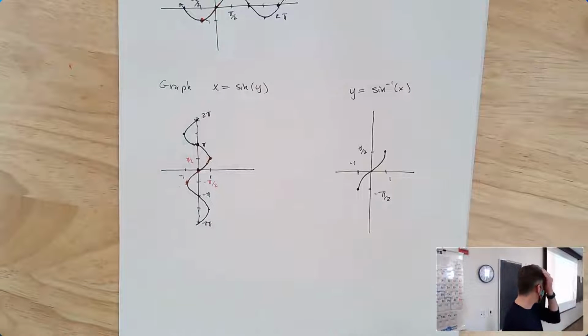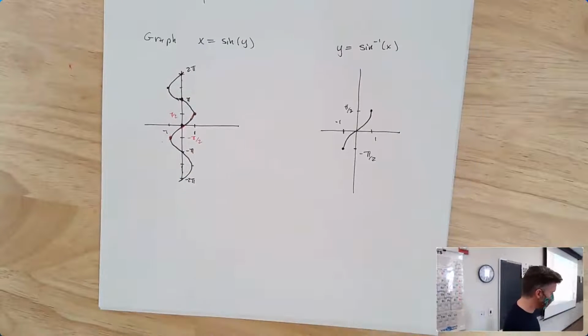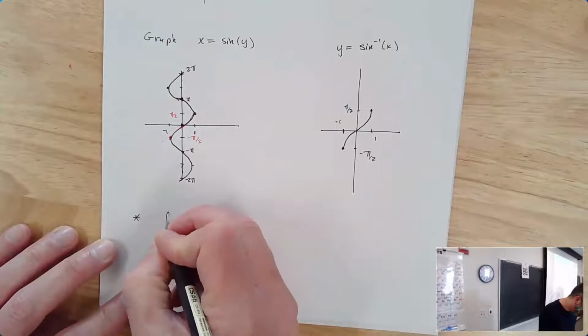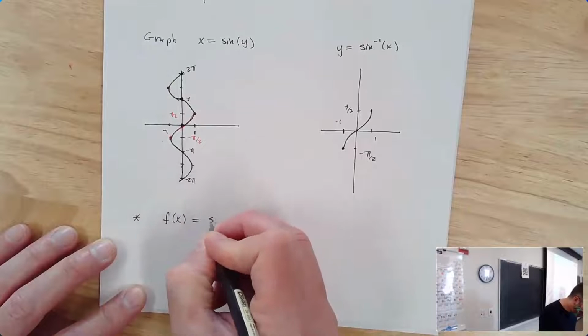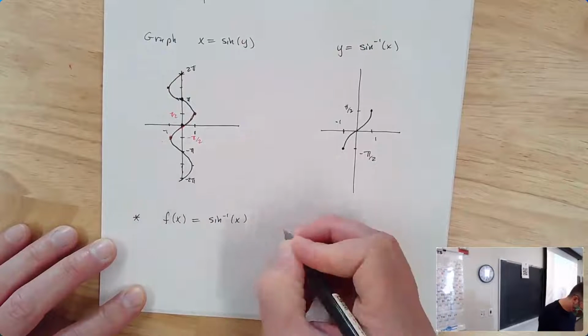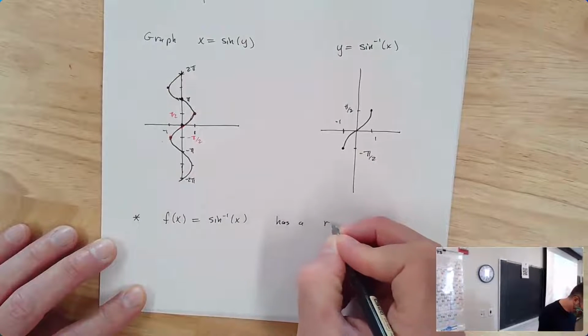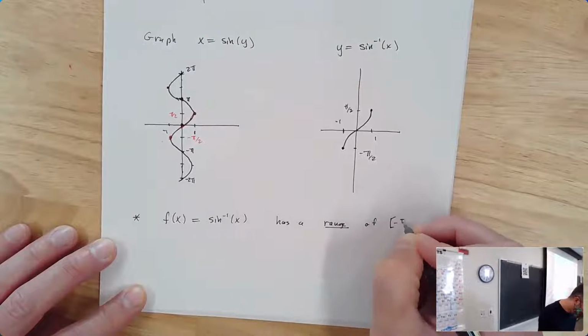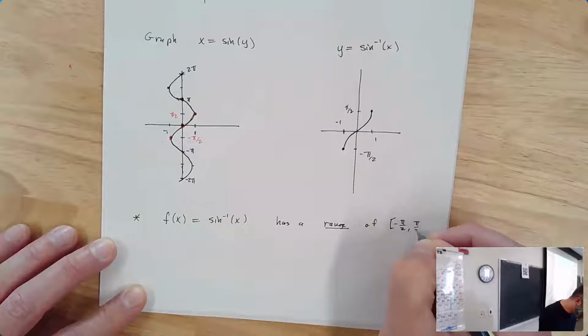And importantly, we don't so much care about the graph. What we do care about is the following. The function inverse sine of x has a range of -π/2 to π/2.